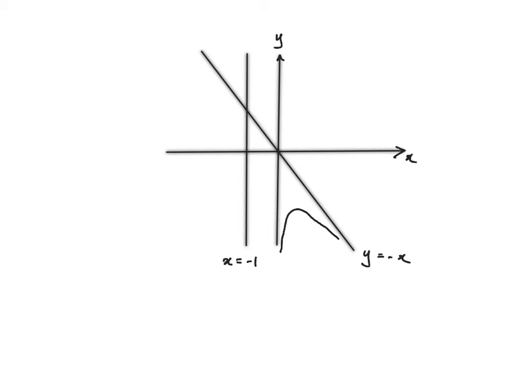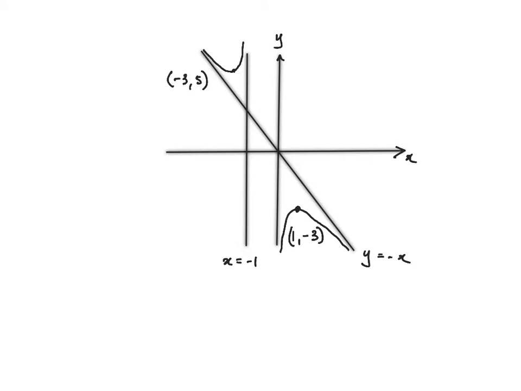We have something like this. And then at minus 3, 5, we had a minimum. And there is the function sketched.